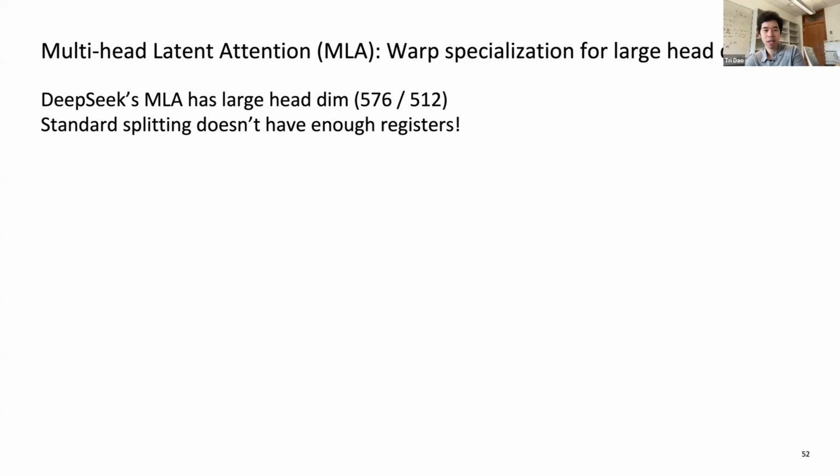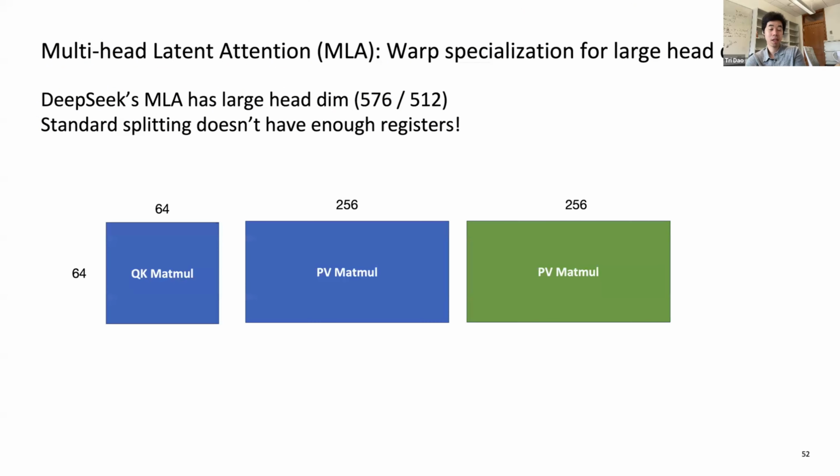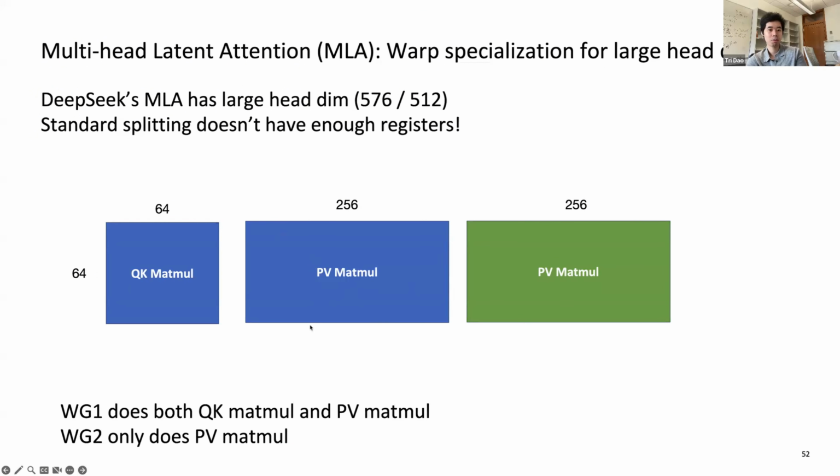And so if you use the standard way of splitting it, we don't have enough registers, so we have to split slightly differently. We normally would split along the M dimension, the query length dimension, but now instead we're going to split along the head dimension. So head dimension, instead of 512, we're going to assign it to 2 warp groups.